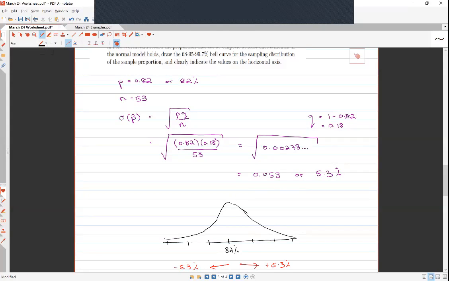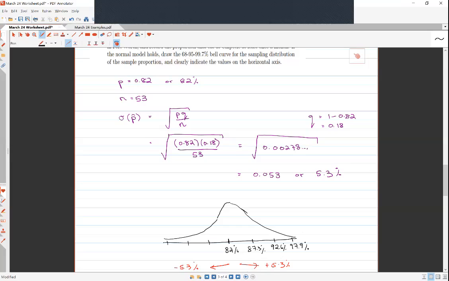So what that gives me here is 87.3%, add another 5.3%, I get 92.6, add that quantity one more time, and I get 97.9%.